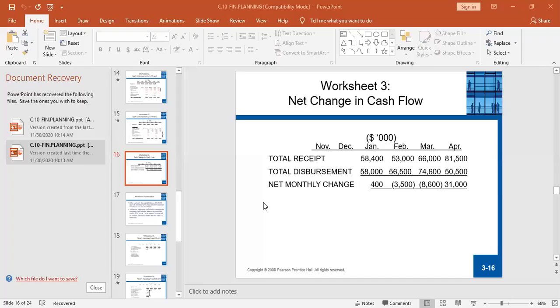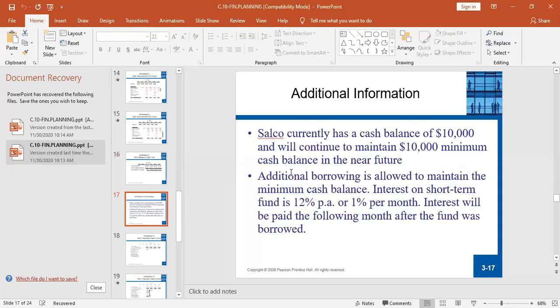Okay, now you have the net monthly change. Let us go here. The additional information tells you that Selco currently has a cash balance of 10,000 ringgit, and it will continue to maintain a minimum cash balance of 10,000 in the near future.